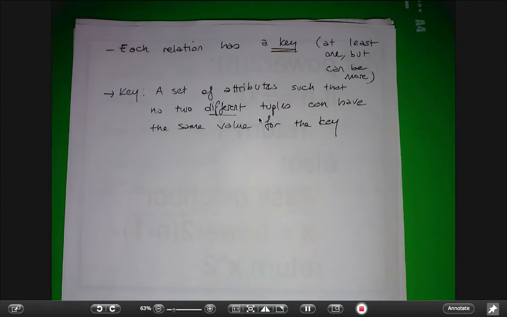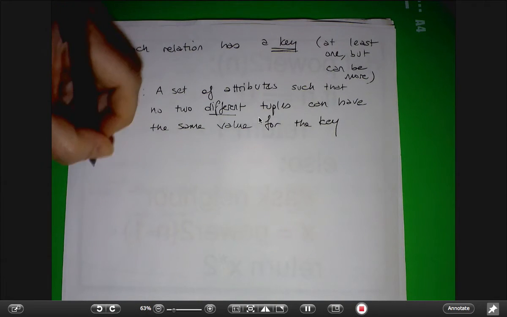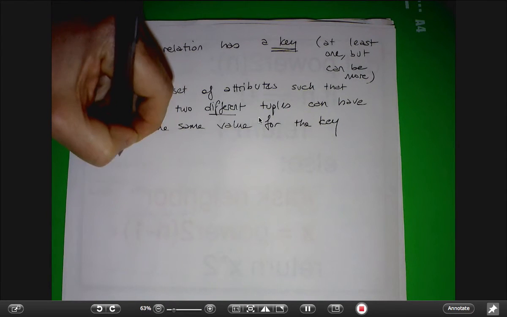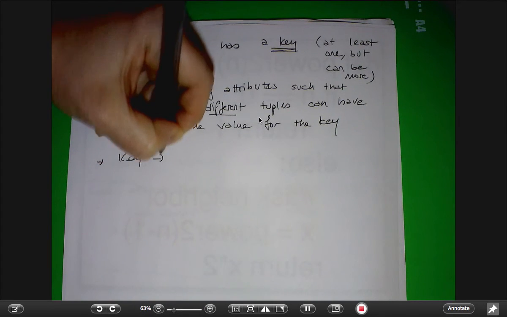Okay. Remember that the relation can have more than one key, but each relation has to have a key. And you can think of a key as a way to identify a tuple.